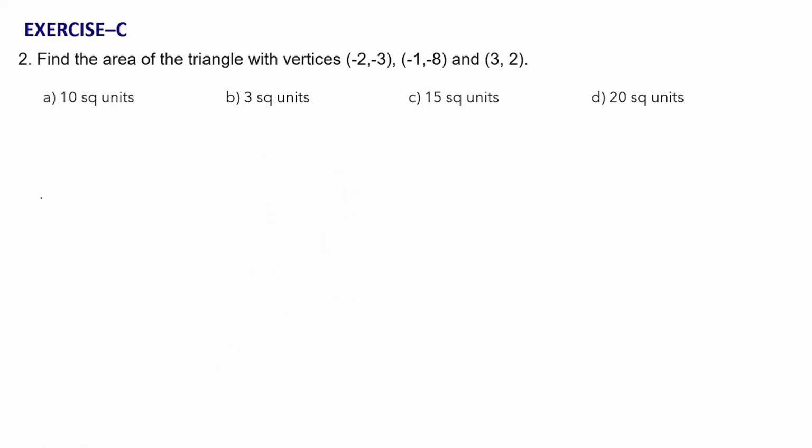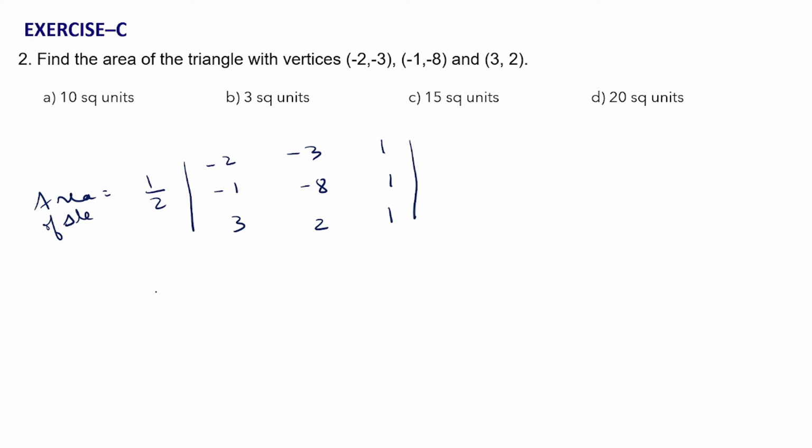So area is equal to half of x1 is minus 2, x2 is minus 1, x3 is 3, y1 is minus 3, y2 is minus 8, y3 is 2 and 1, 1, 1.